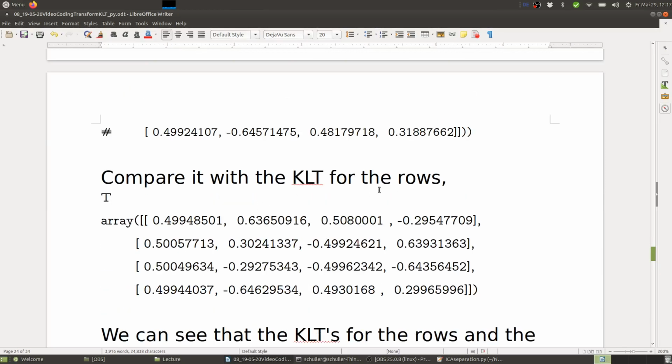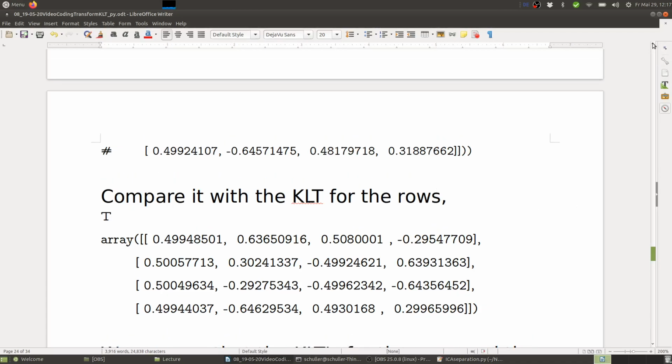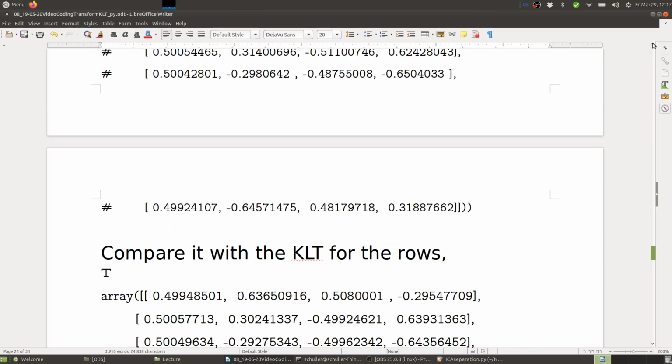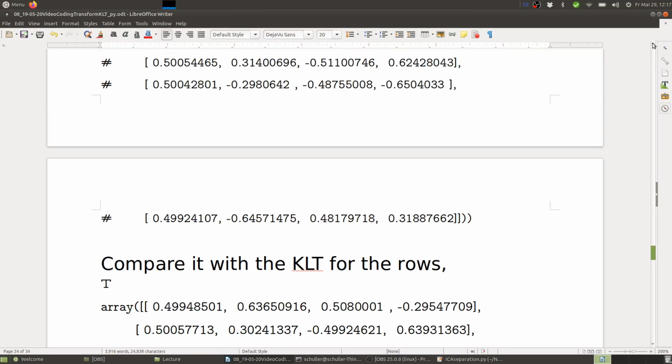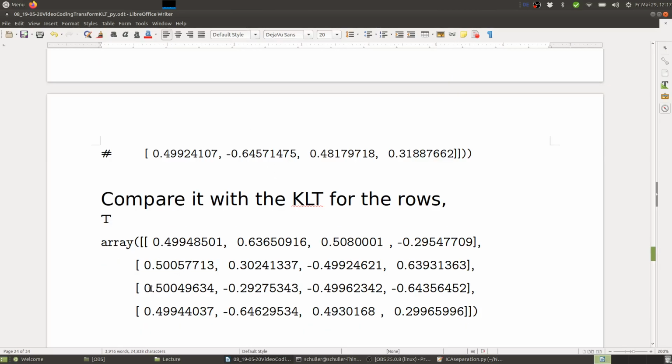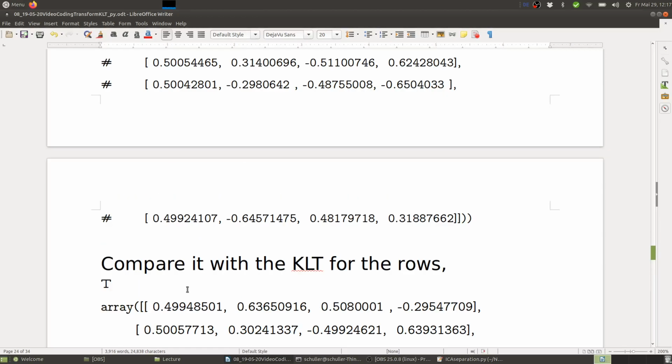So here we have it as comparison for the rows, the KLT for the rows. Let's see if I can get it on one screen here. Not quite. So let's take this number here, 0.500428, and here 0.50049. So instead of 48 we have 49, right?